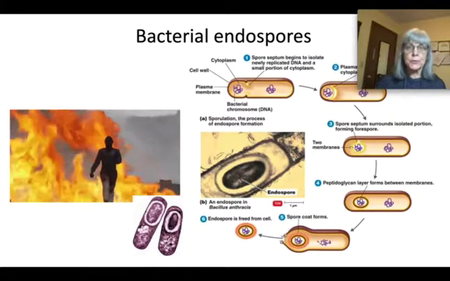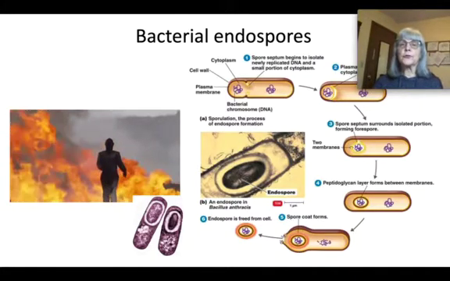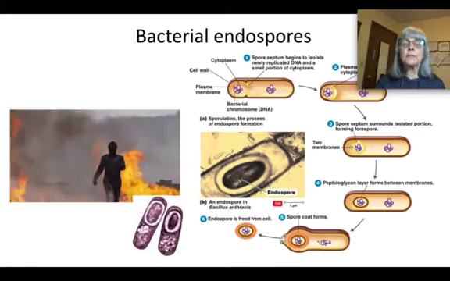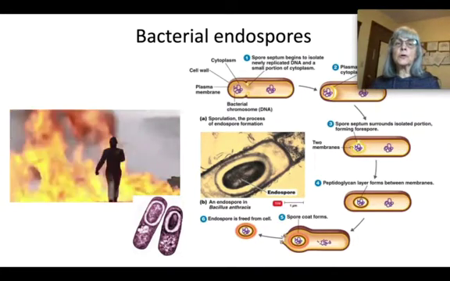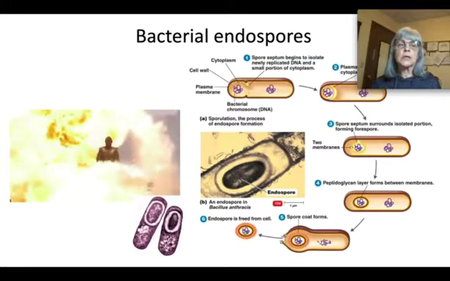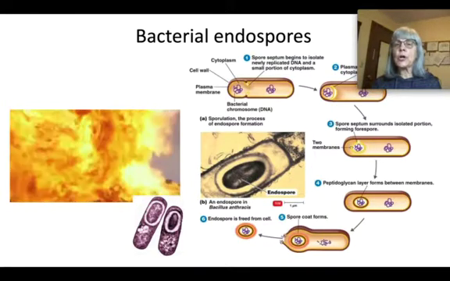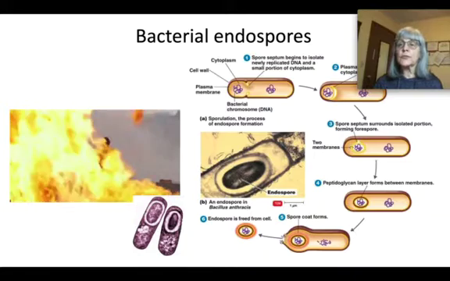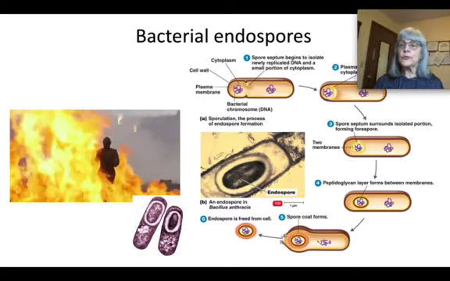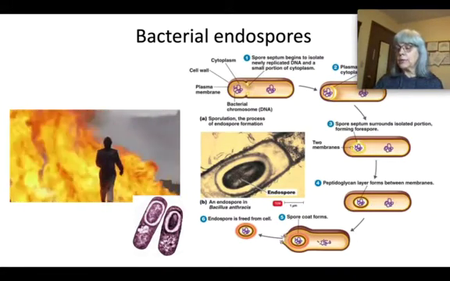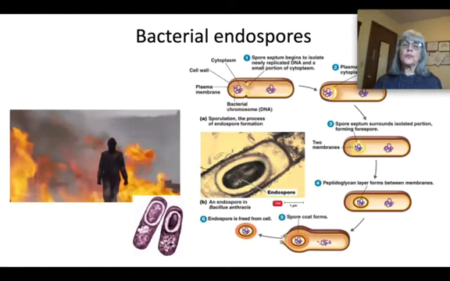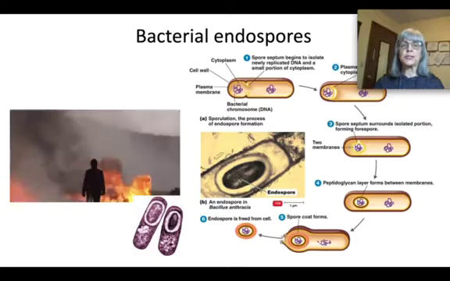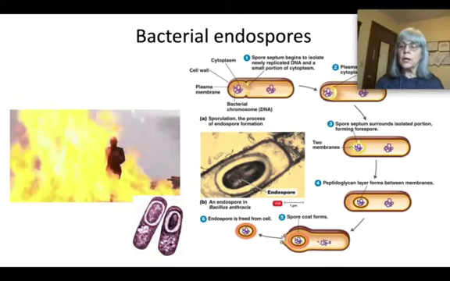But those that do produce endospores are bacilli, okay? Now, why do they form? They actually form because there are harsh environmental conditions. So it's a drought, there's not a lot of water, there aren't a lot of nutrients, it's very hot, very cold. And as a result, these specific bacteria that can form endospores will.